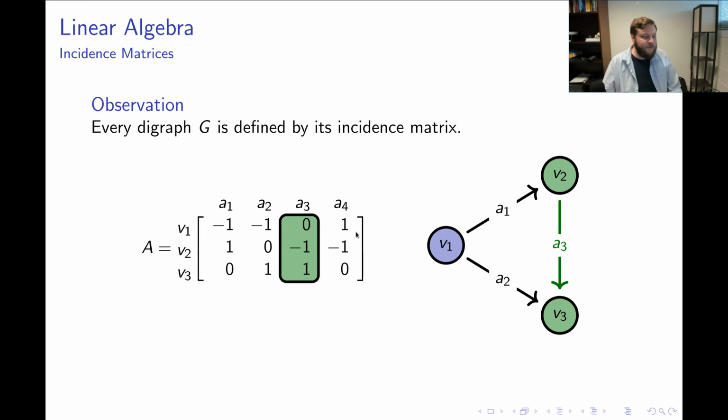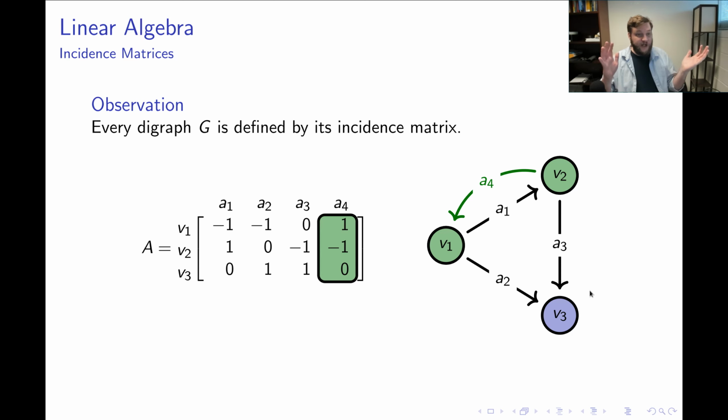And my fourth column is telling me that my fourth arrow starts at V2 and points to V1. I've exhausted all of the columns here. I'm left with a picture of my directed graph on 3 nodes and 4 arrows. So if you only give me the incidence matrix, that's all the information I need to reconstruct the full picture of the directed graph.